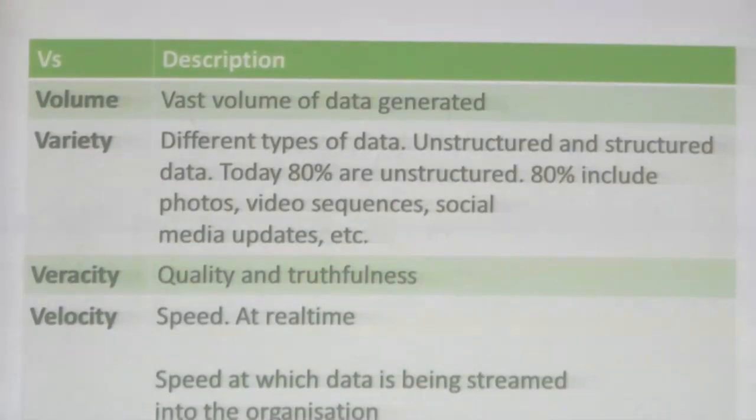The description given here gives a very good idea about the comparison between these V's. Sometimes this will be asked in the paper, as in what are the big data defining variables.